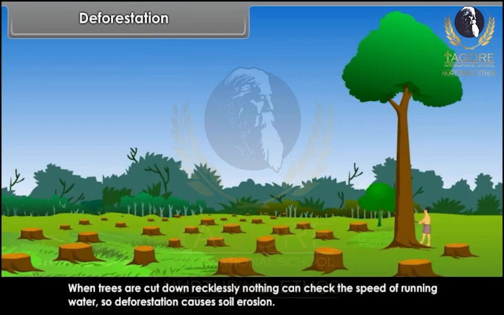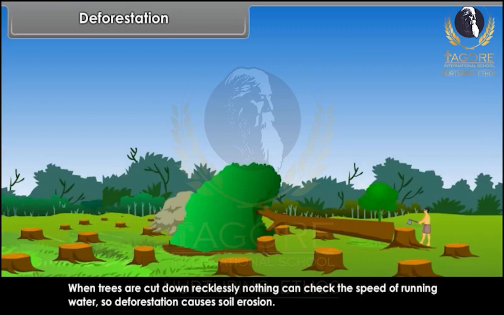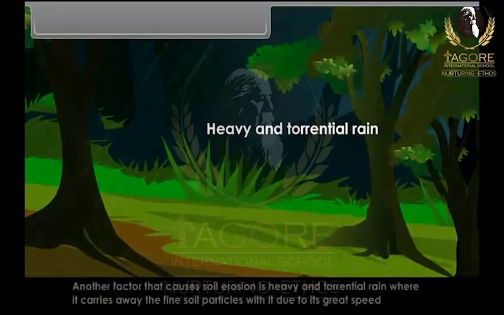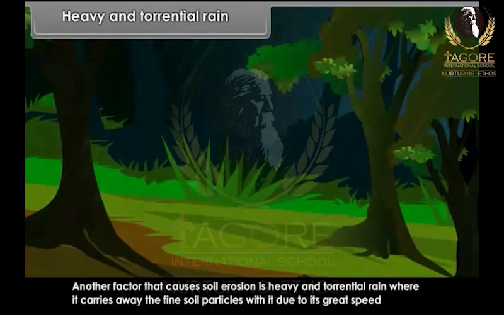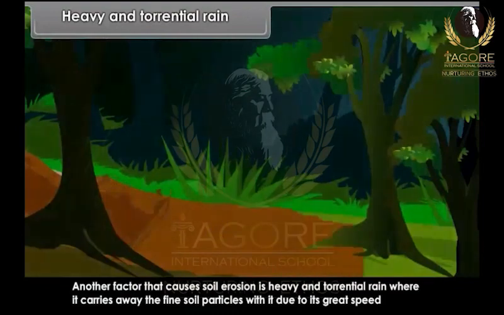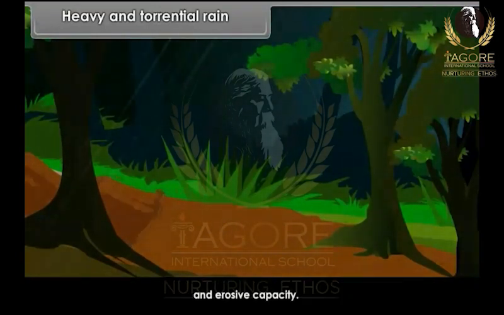When trees are cut down recklessly, nothing can check the speed of running water. So, deforestation causes soil erosion. Another factor that causes soil erosion is heavy and torrential rain, where it carries away the fine soil particles with it due to its great speed and erosive capacity.